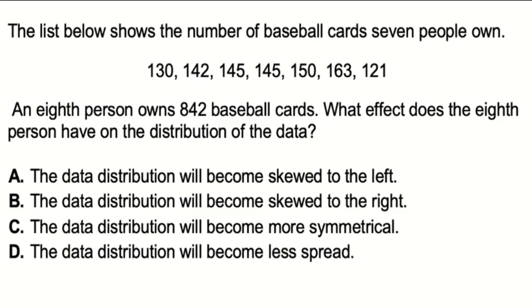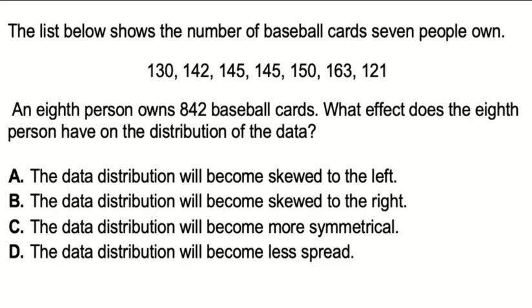All right, so this one. We got 7 people there. All of them got like 100-something baseball cards, okay? It says we're going to take an 8th person that has 842 baseball cards. What's that going to do to the mean? Go up, probably a lot, right? Because that's way above.